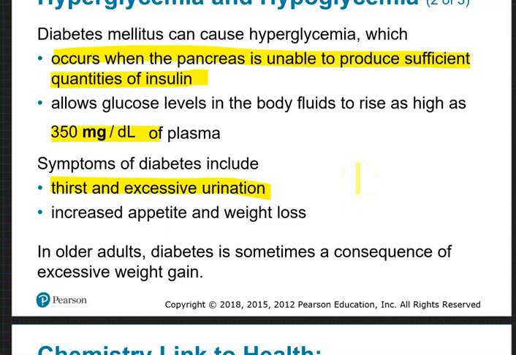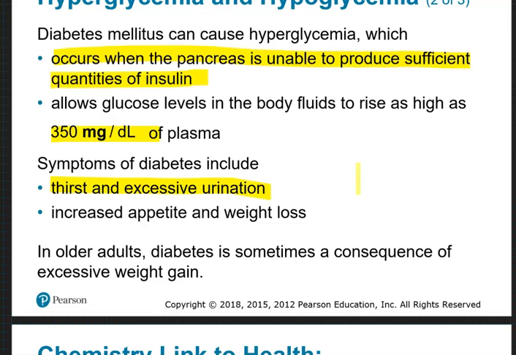Now I'm going to give you some physiology link. People become thirsty and urinate a lot when they have diabetes because their kidneys try to get rid of all the excess glucose. And in order to get rid of it, they have to flush it, almost literally flush it out of the system, and people will lose water. When they lose water, they're thirsty, okay?